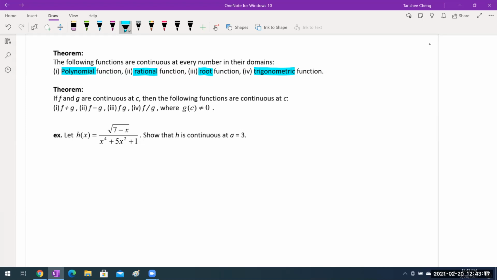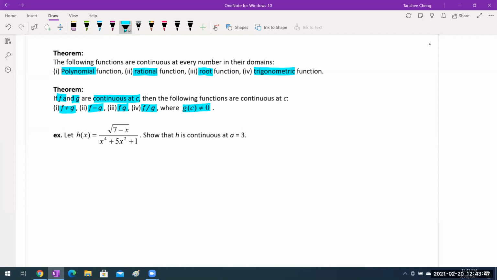And the operations on two continuous functions will still be continuous. Meaning if two functions f and g are continuous at a certain point c, then f plus g will also be continuous at c. Same thing for subtraction, multiplication, and division, as long as g of c is not equal to 0.